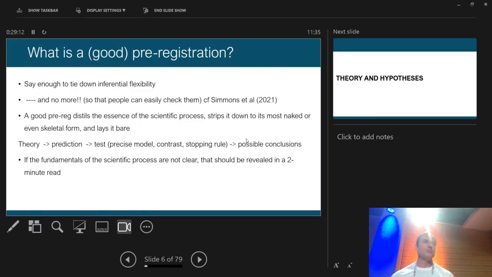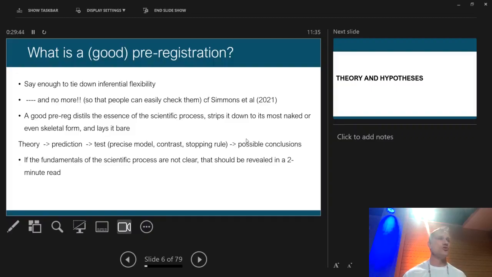So in some ways, you could say this is an argument against a registered report, because when you have to think that through and state extremely concisely and simply, this is exactly the theory, this is the claim that's being tested, this is the prediction that follows from it, this is the exact test that tests that prediction, these are the exact conclusions that would follow from different outcomes of the test, you're sort of exposing yourself to how clear, rigorous and justified that inferential chain was.